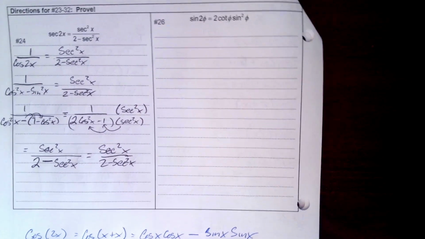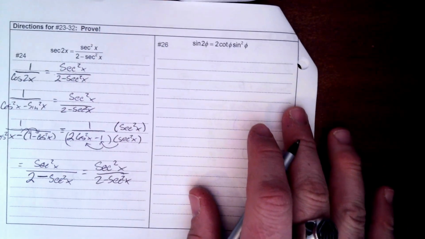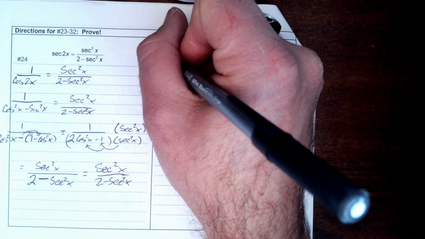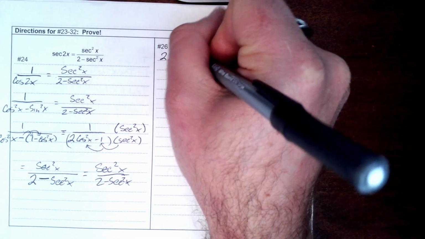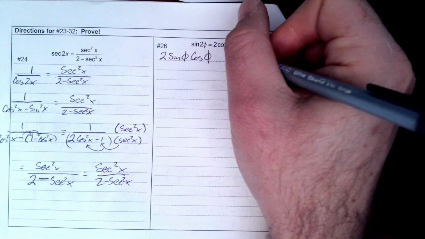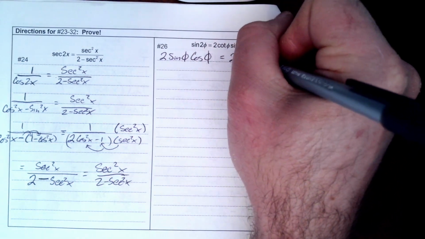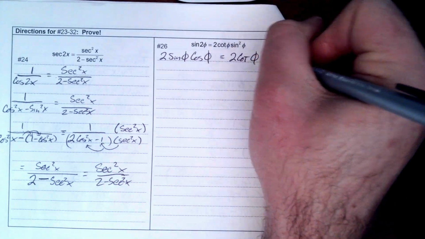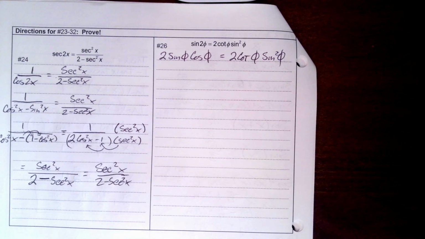Next part, the sine of 2 phi equals 2 times the cotangent of phi times the sine squared of phi. Again, sine of 2 phi, we've already seen, is 2 times the sine times the cosine. And I'm only going to change the left side of my equation here.